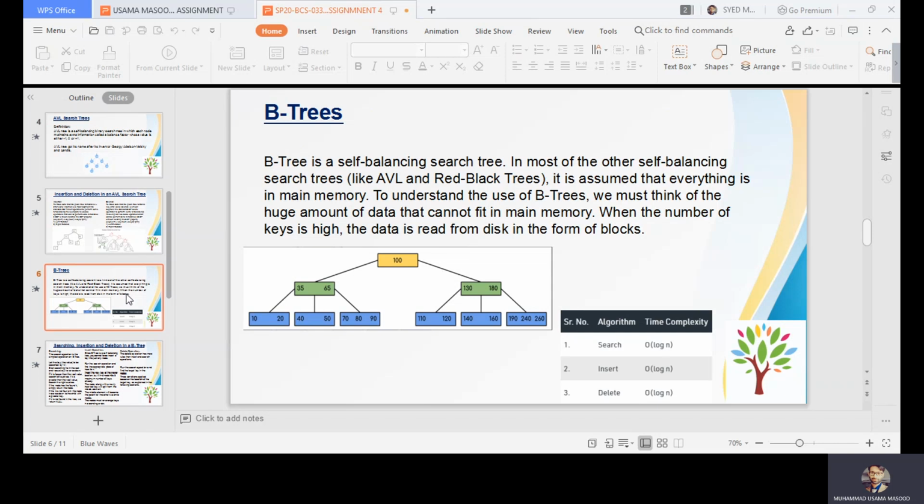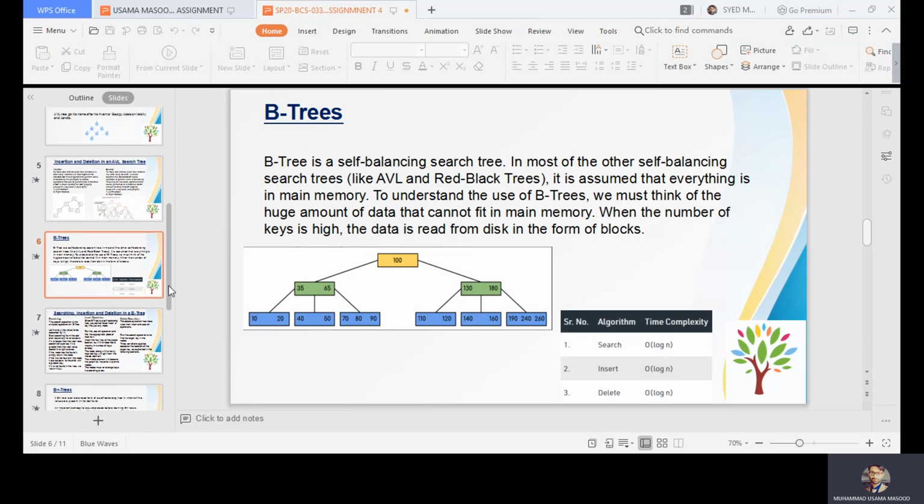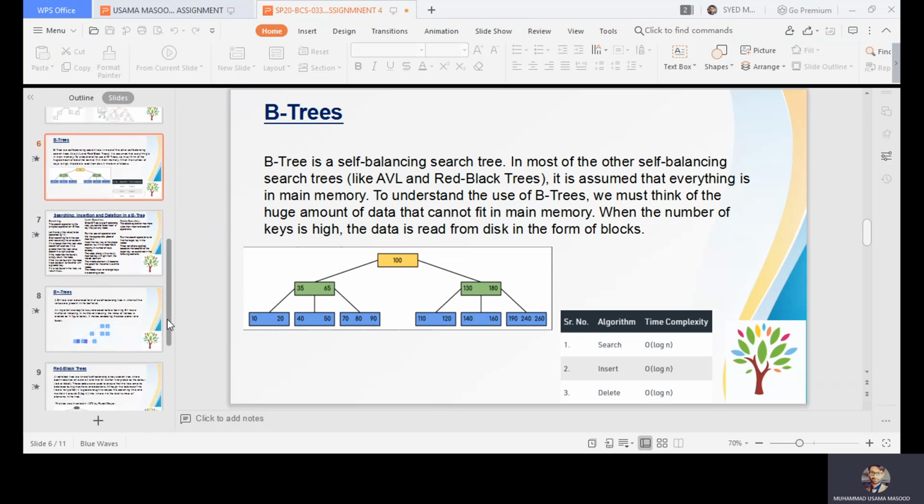There are some disadvantages for B-trees. We will discuss some more trees that have better time complexity and algorithms than B-trees. We will discuss insertions, deletions and searching in B-trees in the next slide.